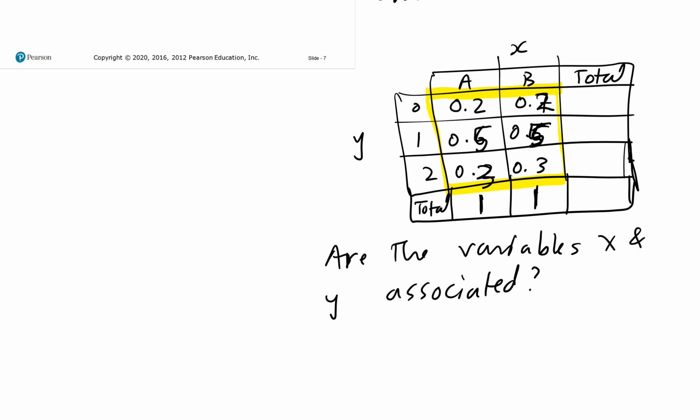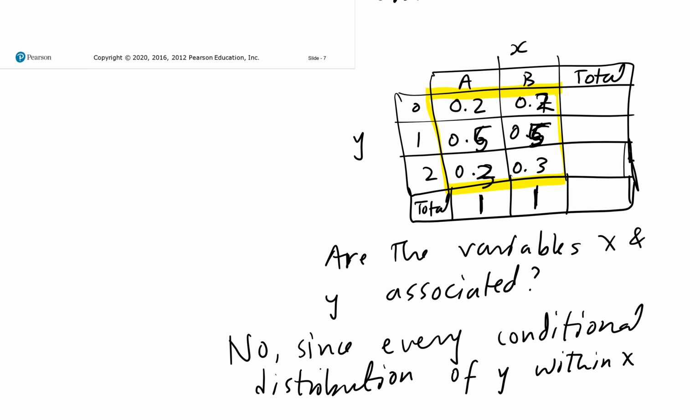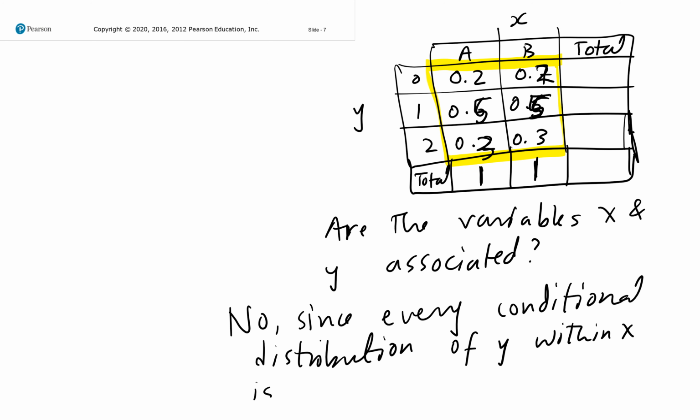Are they associated or not? Well, the answer here is no. In order for them to be associated, the entries have to be different. So the answer is no, since every conditional distribution of Y within X is identical.